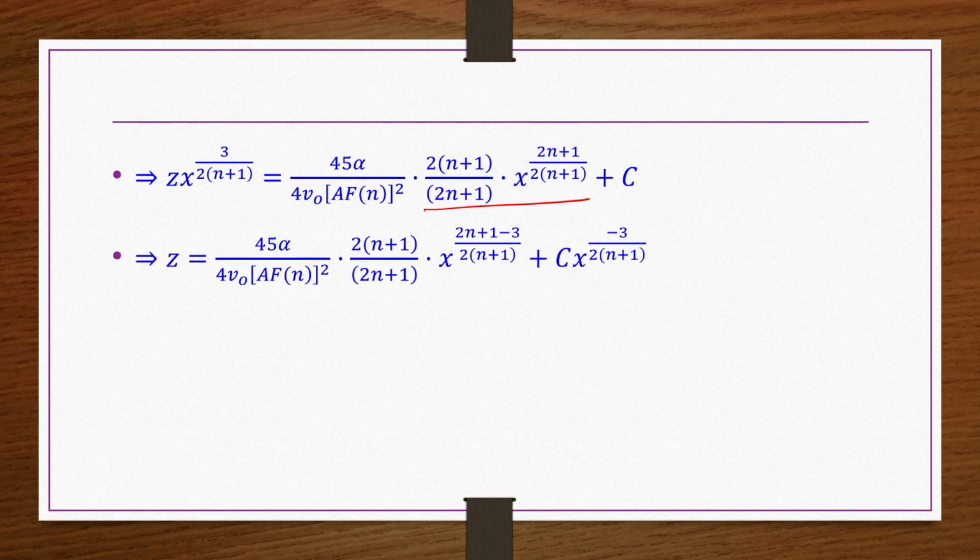So, next step, whatever x power is there, that also I am taking to the right hand side. So, x power minus 3 by 2 n plus 1 is there, and then this term we are combining together. So, I can write x power 2 n plus 1 minus 3 by 2 n plus 1, and c is being multiplied by x power minus 3 by 2 n plus 1, right.